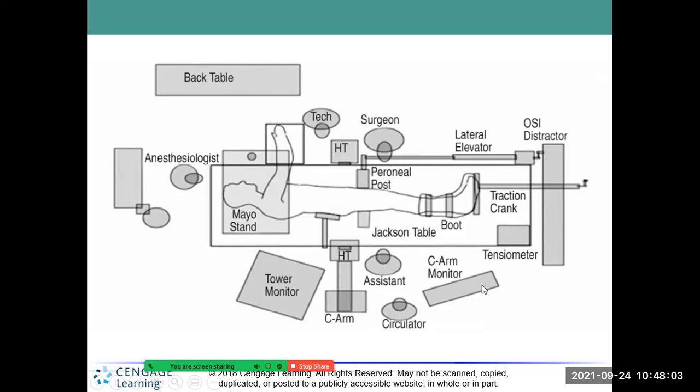Circulator will be circulating all around, and tower monitor here for monitoring of multiple things. The ESU will be plugged in there, suction be plugged in there. All of the connections will be making contact in this tower monitor. Anesthesia at the head of the table.